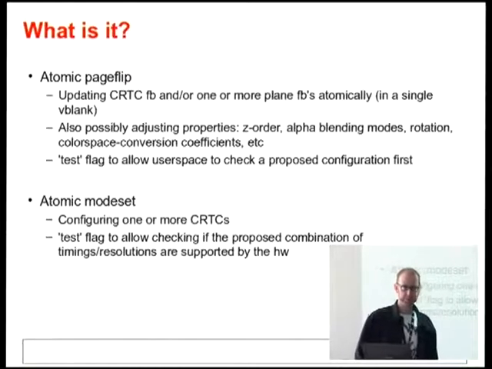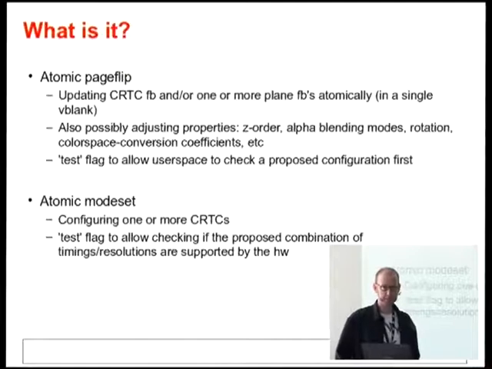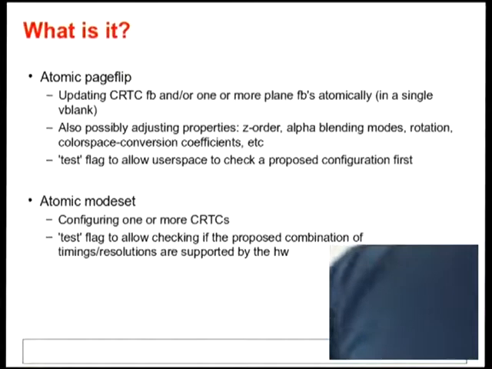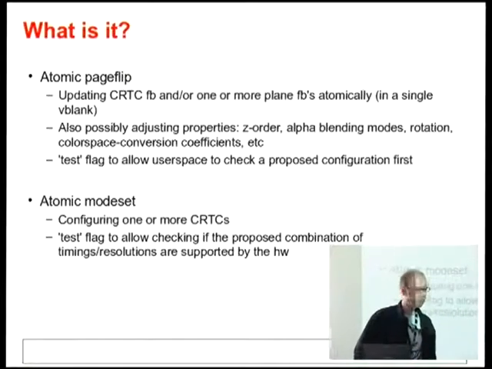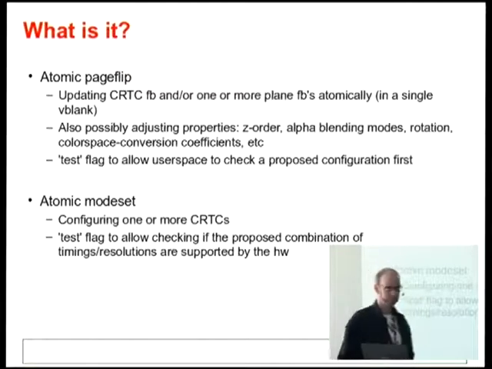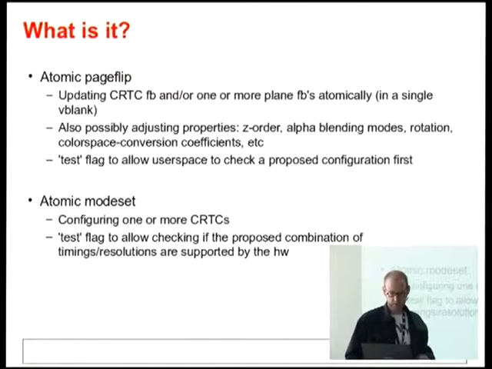So a single ioctl to schedule the page flip, and then when all of the FBs for the CRTC and all the plane layers are ready, they get updated at VBlank. And it could also possibly include updating various properties. So if you have some properties to set Z order of planes or color space or alpha blending modes and so on, you might want to be able to update these as well.